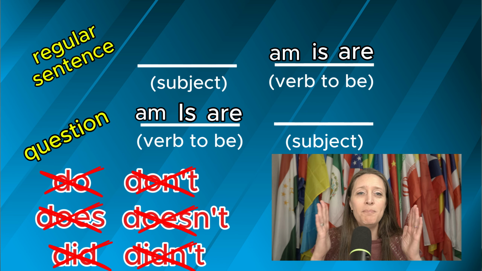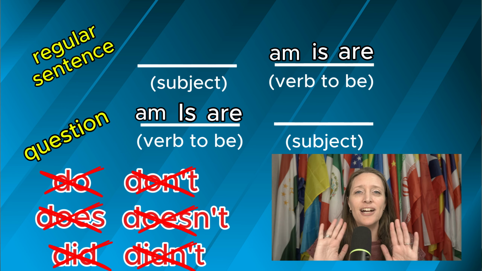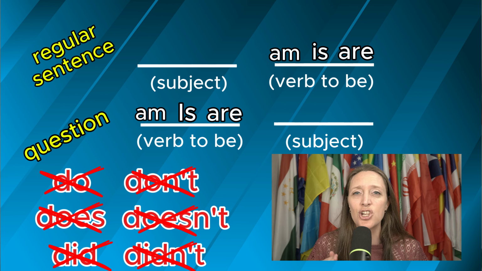The verb to be never, ever uses that extra helping verb do to ask a question. The verb to be is strong enough on its own to ask a question without the verb to do. So never use do or does with the verb to be.